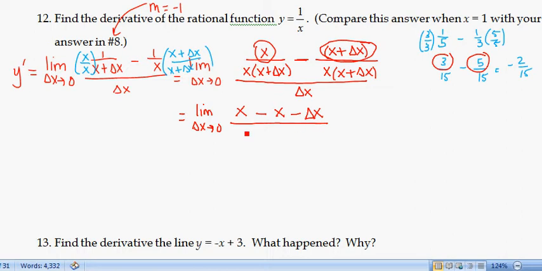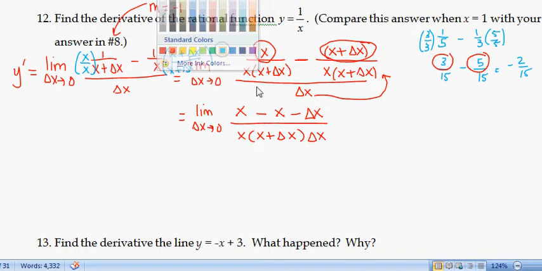In the denominator, I'm left with x times x plus delta x. Now, this whole thing is over delta x, but we talked about in an earlier video when we did number 8 how that's equivalent to dividing by delta x here. So in other words, we can bring this delta x up into this one's denominator, and that's just using middle school division of fraction rules.